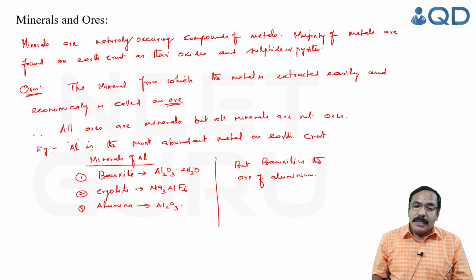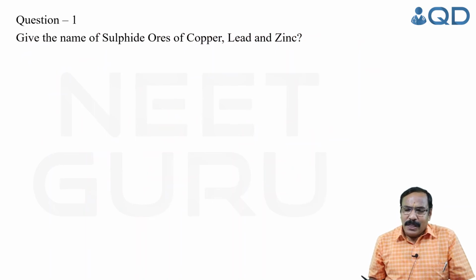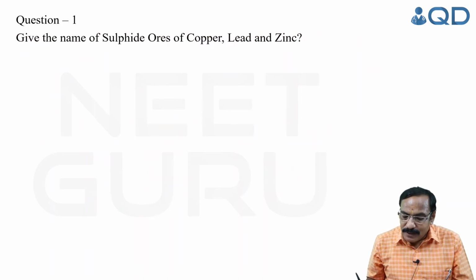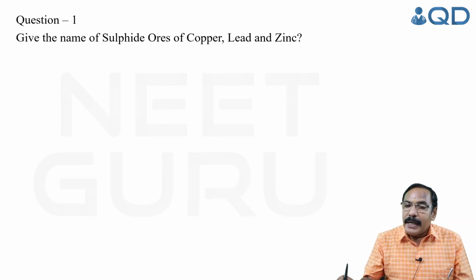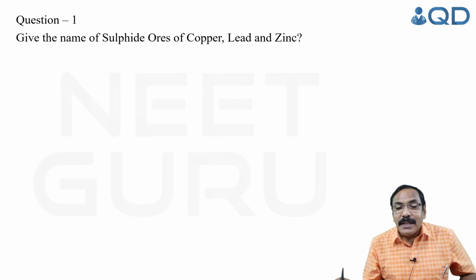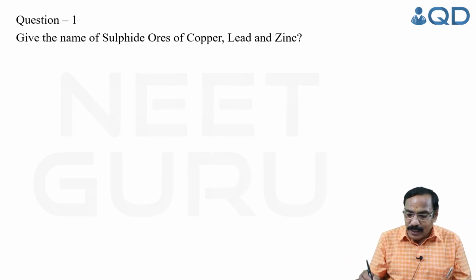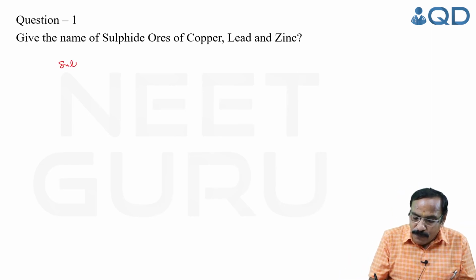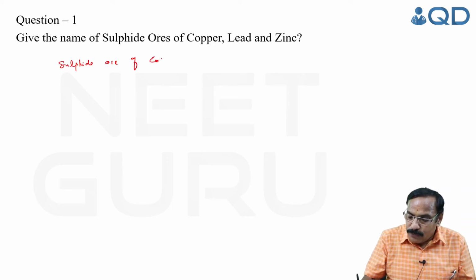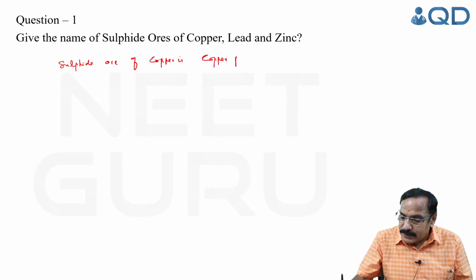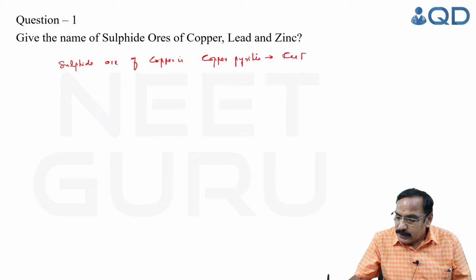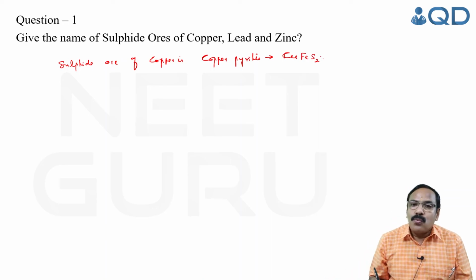Now, let us discuss a simple question from this chapter. Give the names of sulfide ores of copper, lead, and zinc. All these metals have their sulfide ore. The sulfide ore of copper is copper pyrites, CuFeS2.